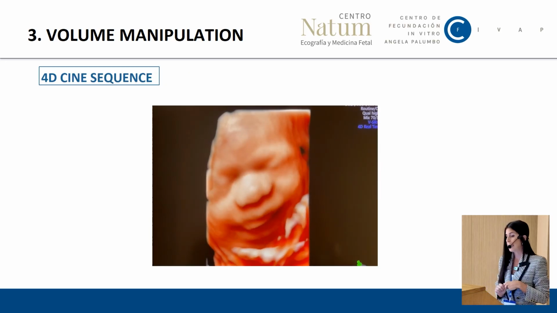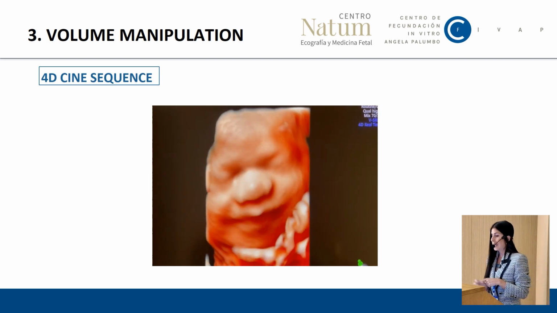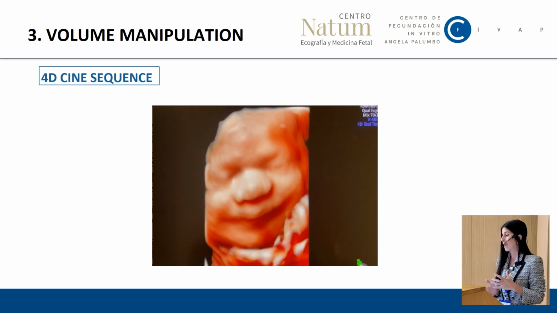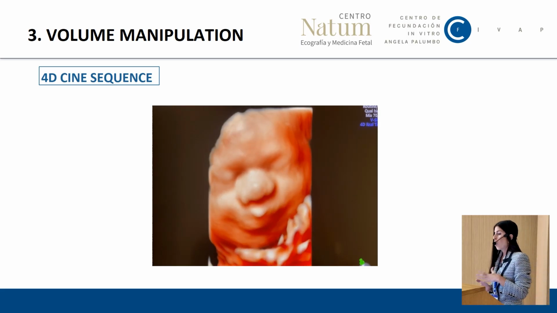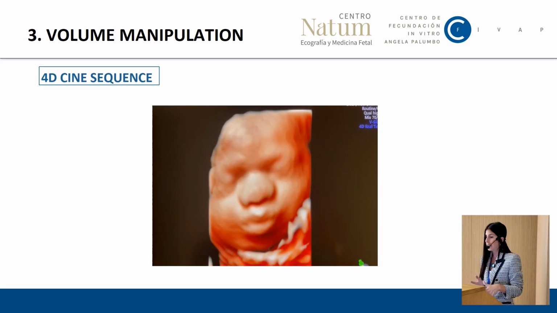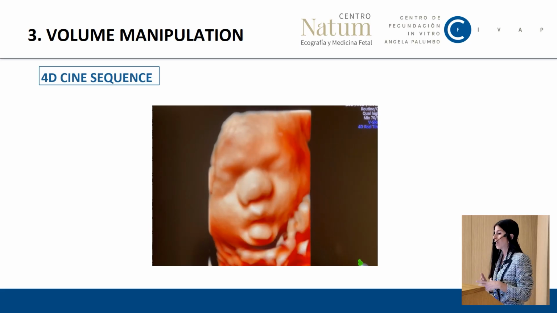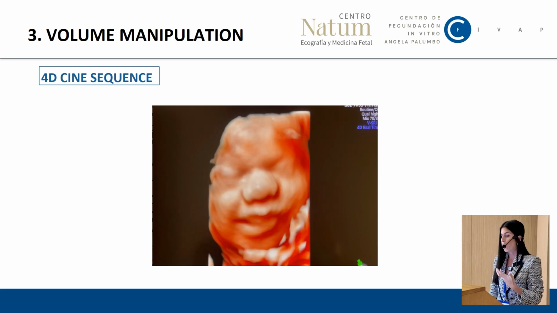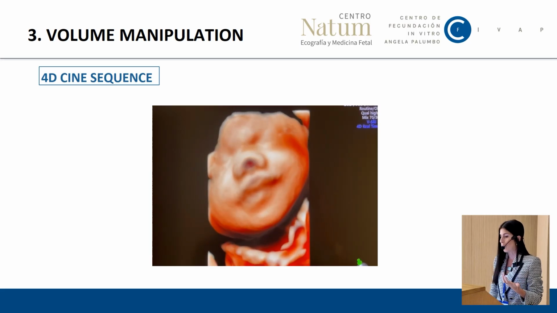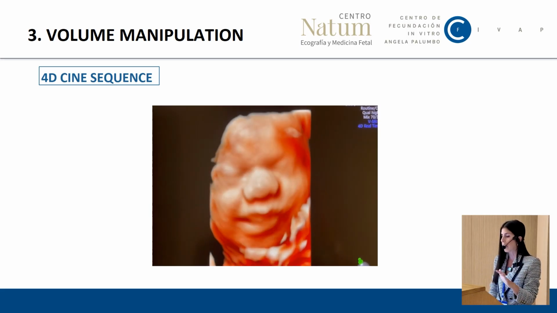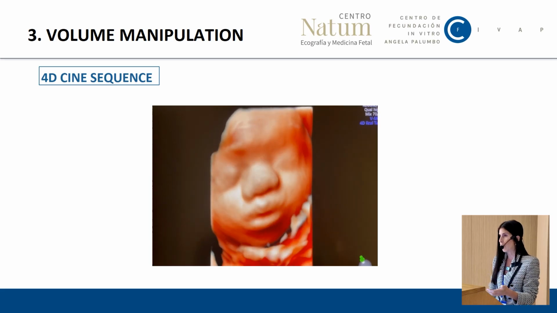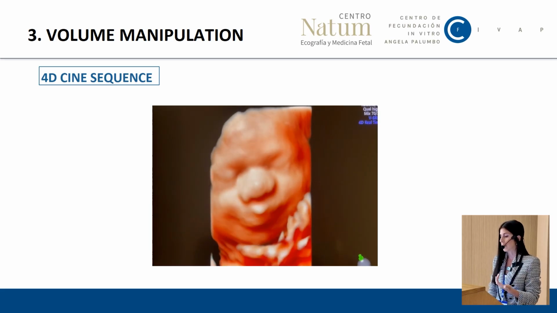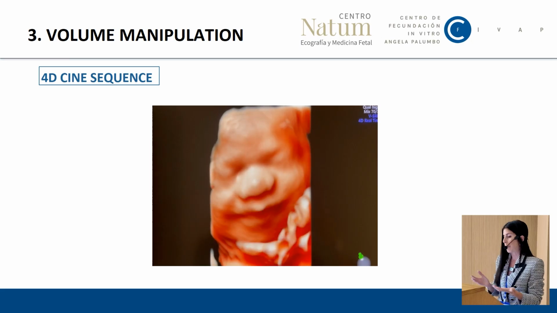Also, in the 4D cine sequence, a cine loop allows the examiner to display the cine sequence once again at different speeds and to scroll back through several volumes to choose a particular one. So if we have the cine sequence, we can stop it, scroll back, increase the velocity, and stop at a picture that the parents want to see.